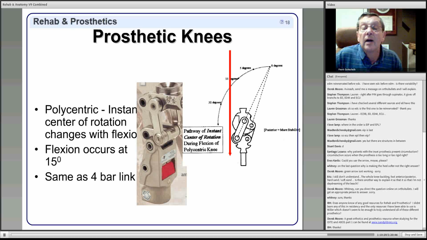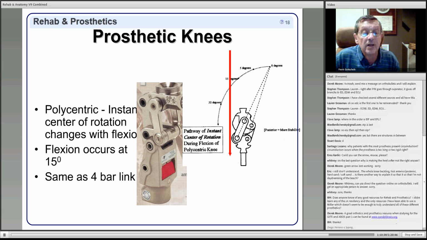So now if we look at the prosthetic knees, the polycentric instant center of rotation changes with flexion, and flexion occurs at about 15 degrees as noted in the right hand diagram, and the left hand picture is an illustration of a polycentric type knee, which is similar to a 4-bar linkage.